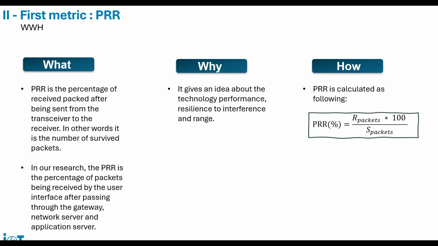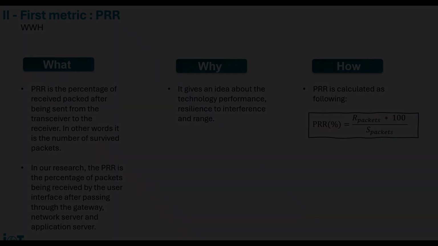It's just a simple calculation. We are sending packets. We know the number of packets sent by the endpoint. And then, within a script that we will talk about later, we calculate the number of received packets, and then we will know how many packets are lost and how many are received, and then we will calculate the packet reception rate.